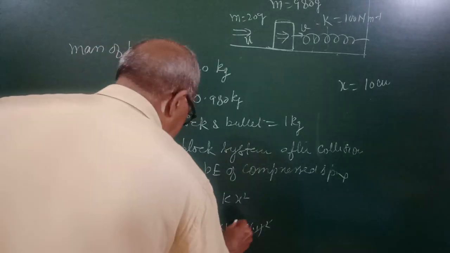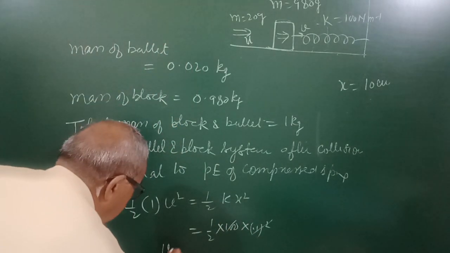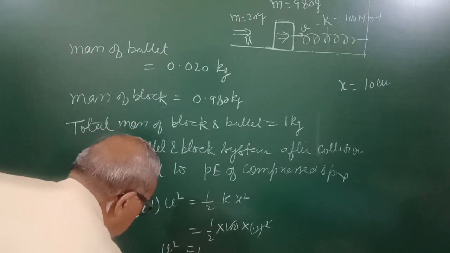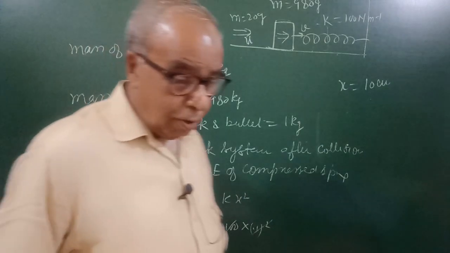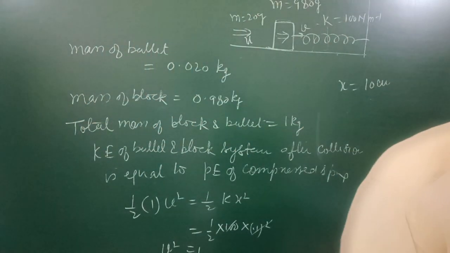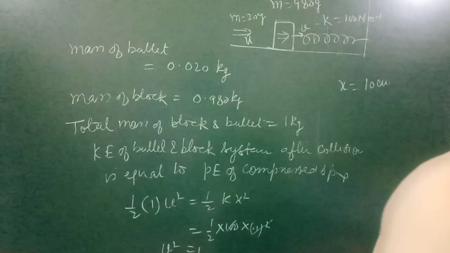So 0.1 squared cancels, and v squared is equal to 1. So v is equal to 1 meter per second, the velocity of block and bullet after collision.